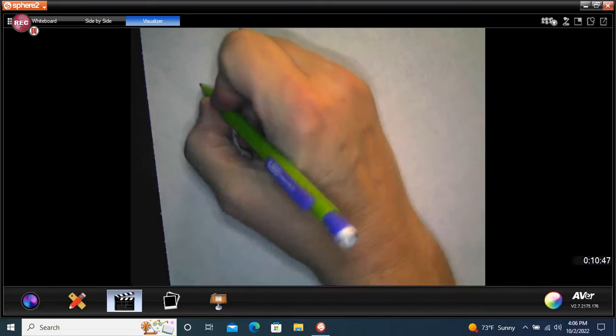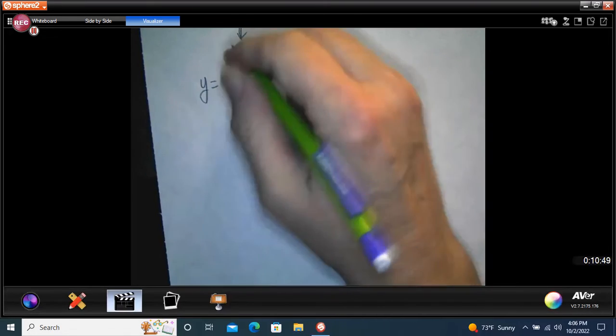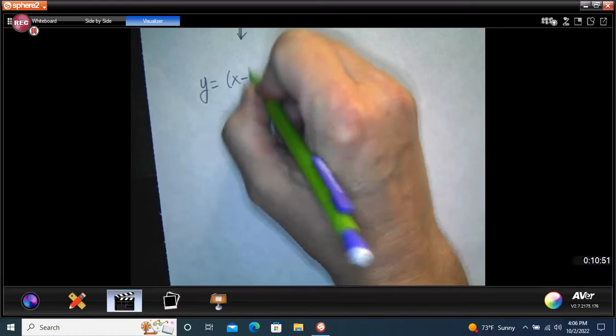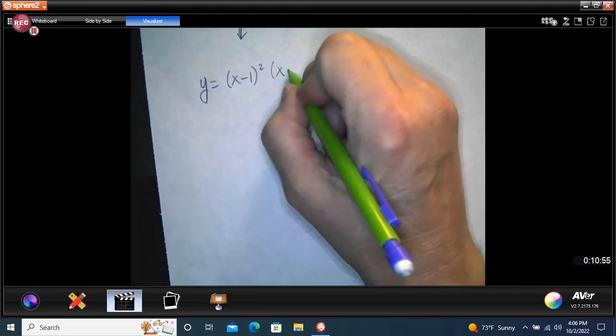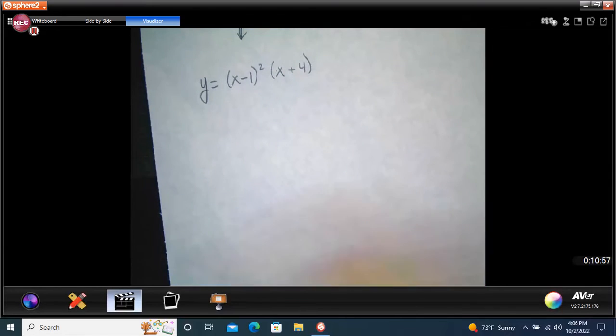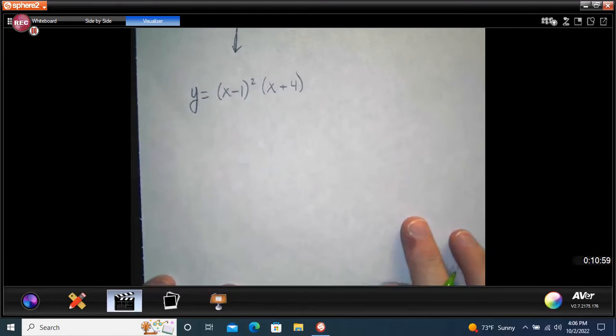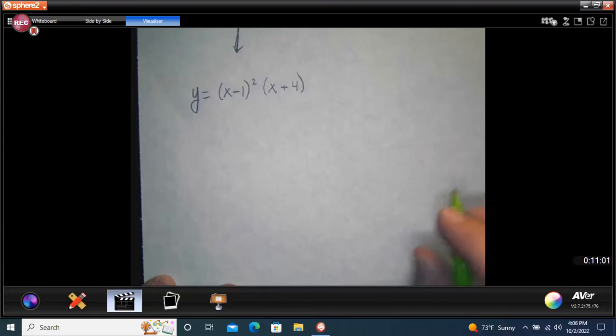And then we should already know from graphing quadratic equations that a double root is a point of tangency.